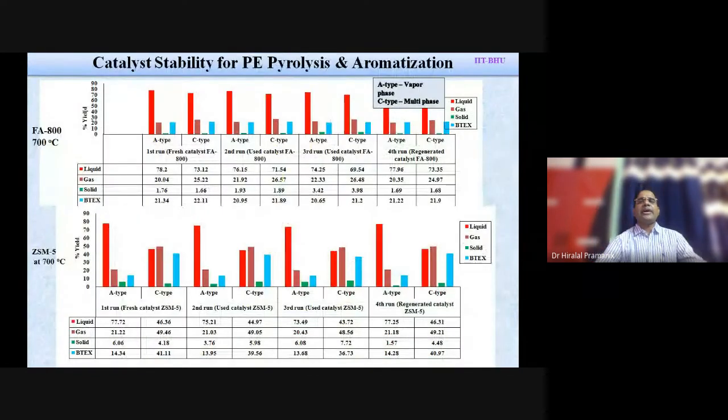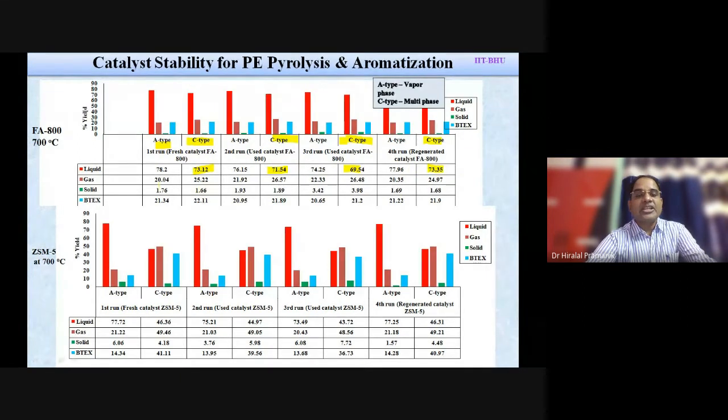Then what we did, we performed the catalytic pyrolysis using A type and C type. I have shown A type and C type here. Just look at the C type, because C type is giving the best yield in terms of BTX. So consider the C type. For comparison, liquid yield for FA800: first run 73, 71 in the second run, and here it is 69. After the regenerated catalyst, you see, it has increased.